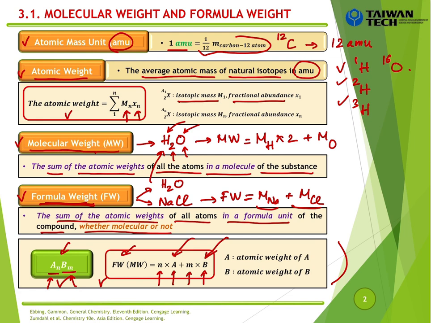For each element, we have the atomic weight already, okay? And the unit for your calculation here will be AMU, because we use AMU for our atoms and we calculate for the substance, so the unit is also AMU, okay?